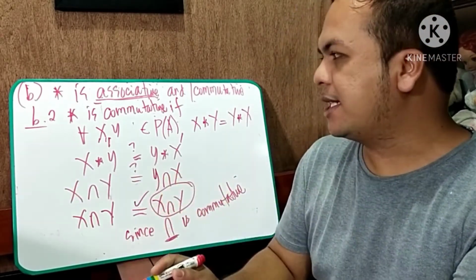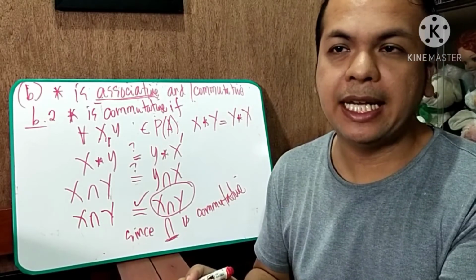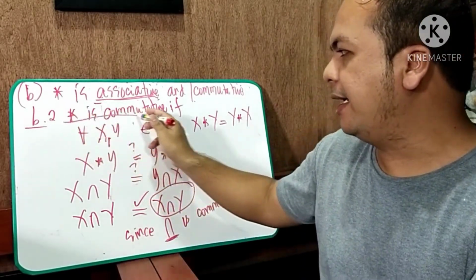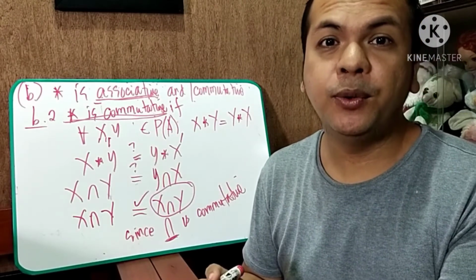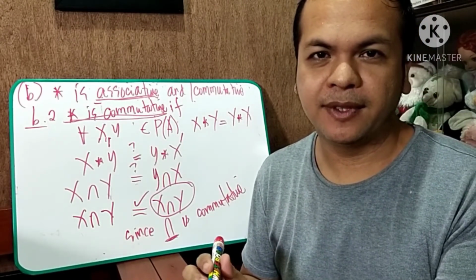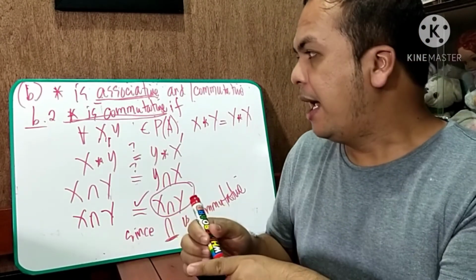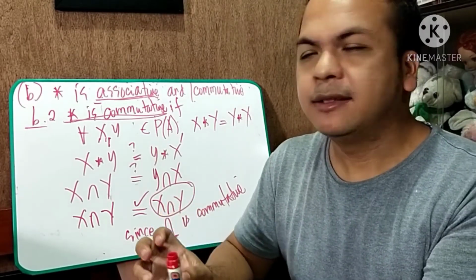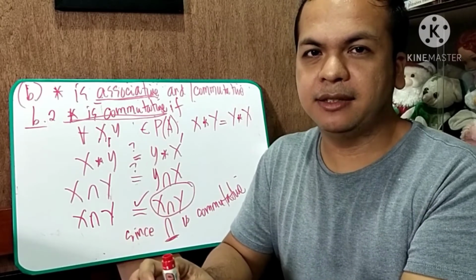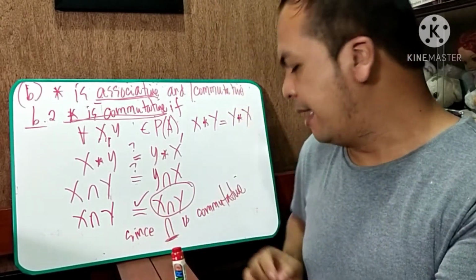Since equal sila, ano yung conclusion natin? Ang conclusion natin ay this binary operation is commutative. Okay? Now, let's have the third activity, no, na gawin natin.